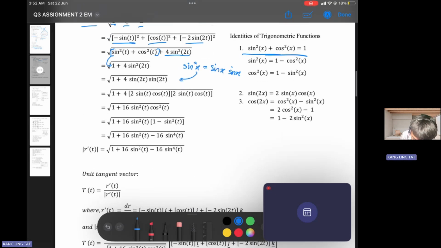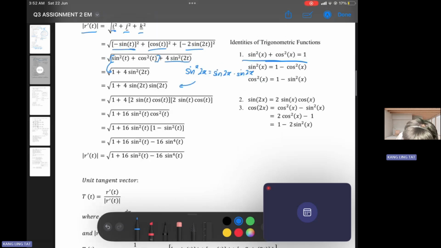Another thing, but in these terms, it's not going to be t, it's going to be 2t. So imagine here is going to be 2x. So for each of them, it's going to be sine square 2x equivalent to sine 2x times sine 2x.